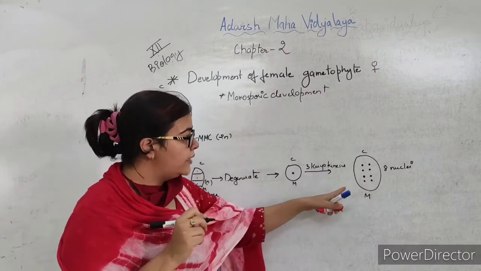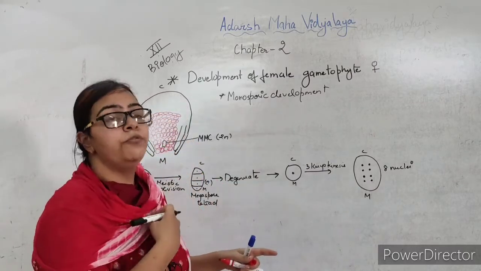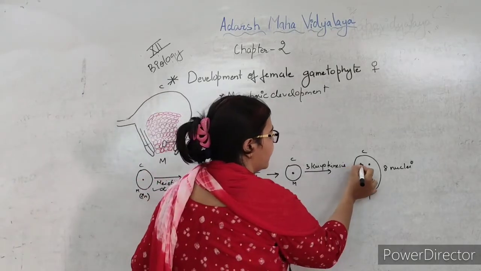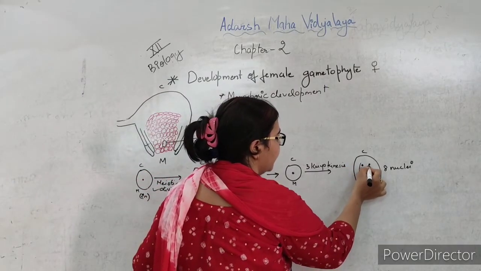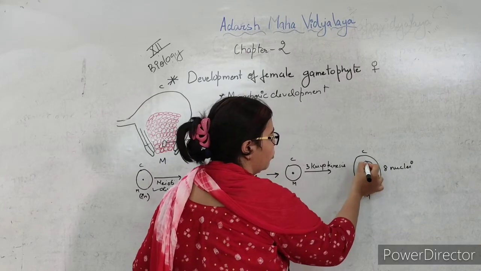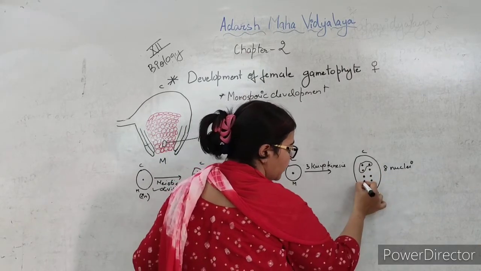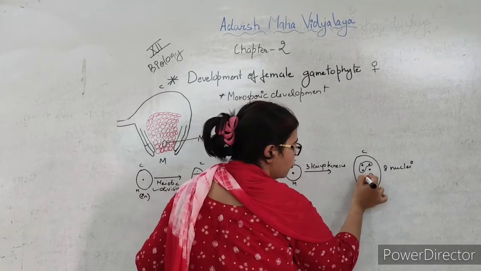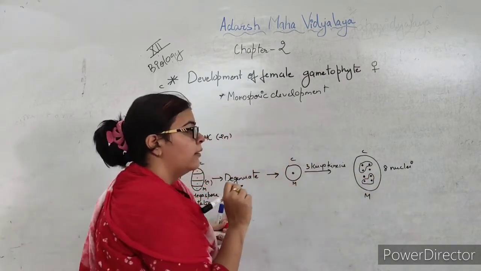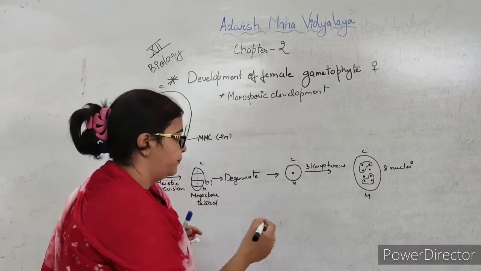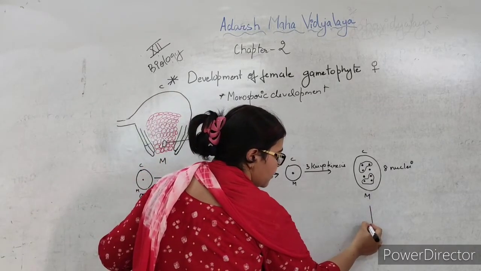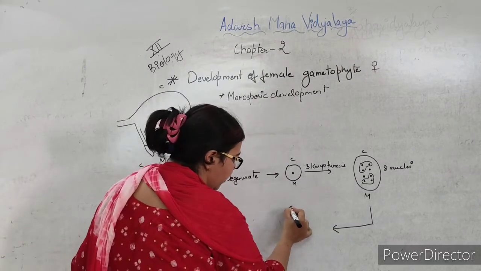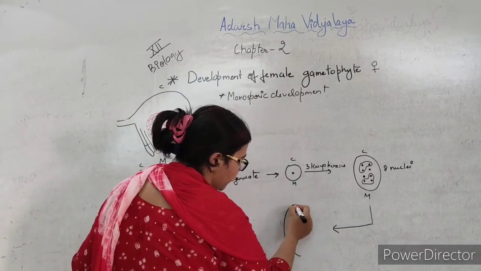Now these nuclei will move towards the ends: 3 nuclei will move towards the chalazal end, the other 3 will move towards the micropylar end, and 2 nuclei will remain in the center. After this, cell wall formation will occur.